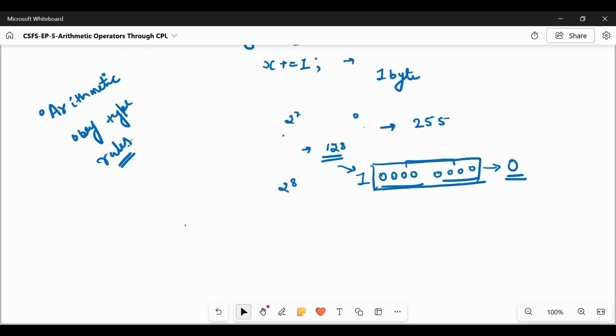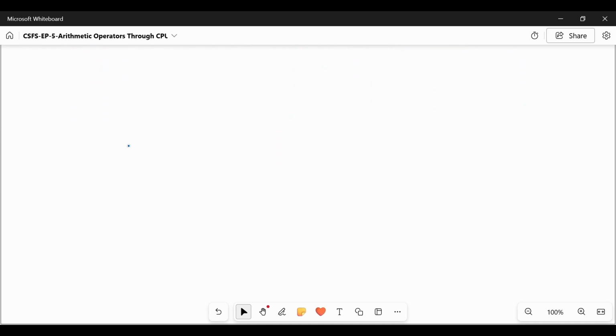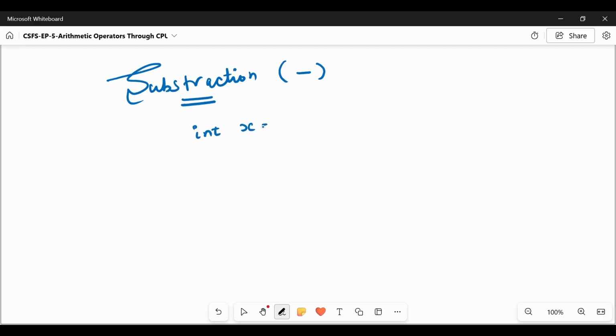Similarly, this was the addition case. When we are doing the subtraction, represented by the minus sign, like int x is equal to 10, x is equal to x minus 3. The result will be 7. Okay, but what is happening inside the CPU? That is our concept.